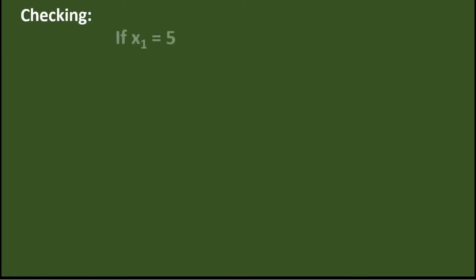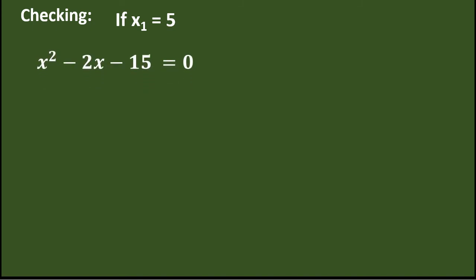Let us now do the checking. If x sub 1 is equal to 5, let us substitute the value of x to 5, and the equation is x squared minus 2x minus 15 equals 0. X will become 5. So we have quantity 5, quantity squared, minus 2 times 5 minus 15 equals 0. So we have 5 squared, we have 25.